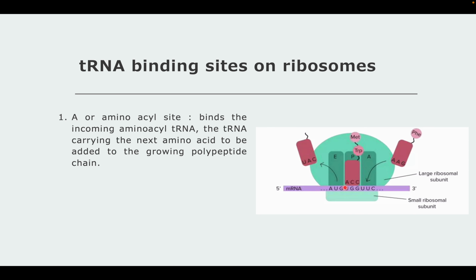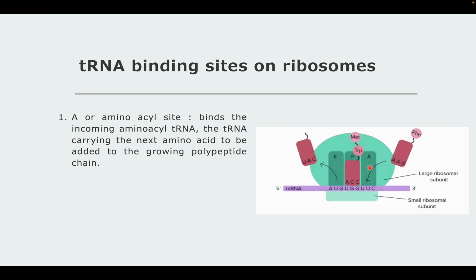If this is not complementary, this tRNA cannot be present here. So this anticodon arm has to be complementary to the three nucleotides of this mRNA sequence. There are basically three sites in the ribosome which can bind to tRNA: E site, P site, and A site.